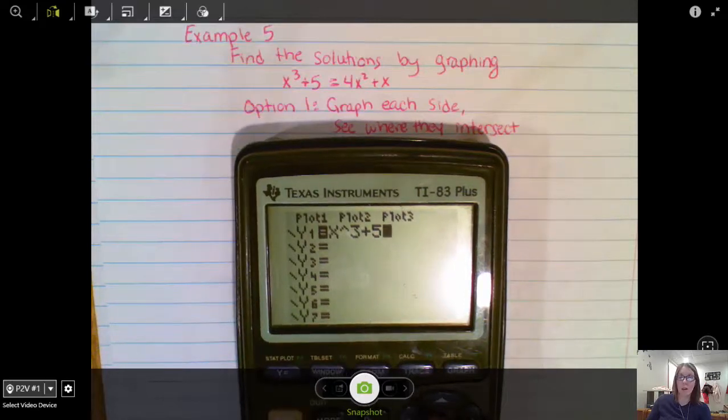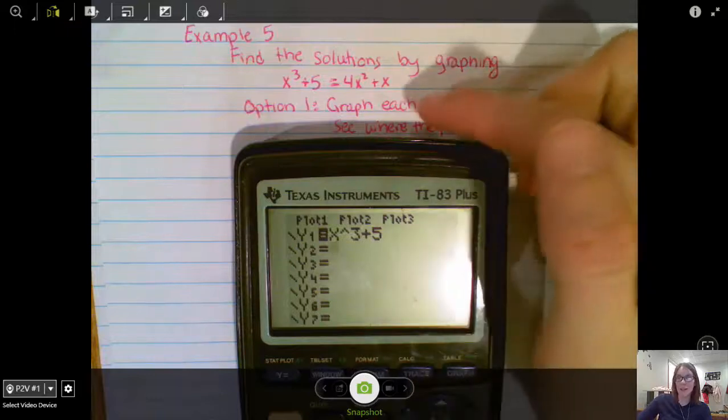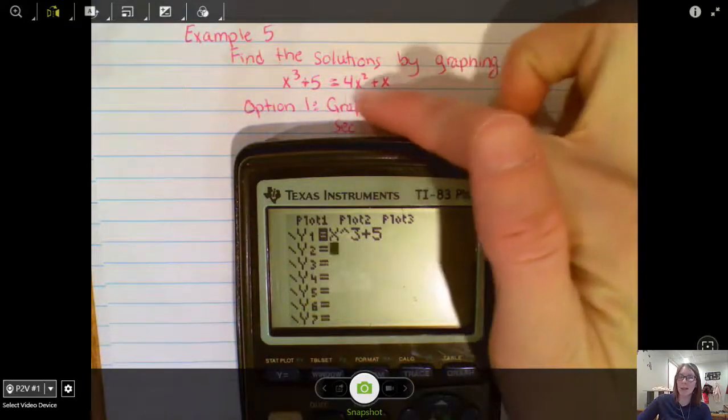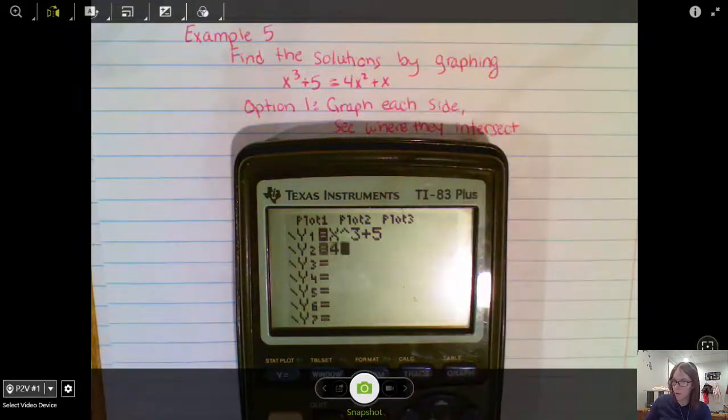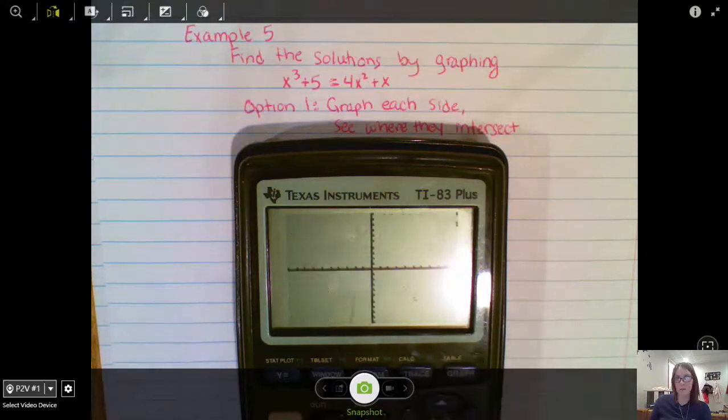Type that in under y1. And then my second equation for y, y2, I'm going to type in this right side, 4x squared plus x. I type my equations in, and then we graph.